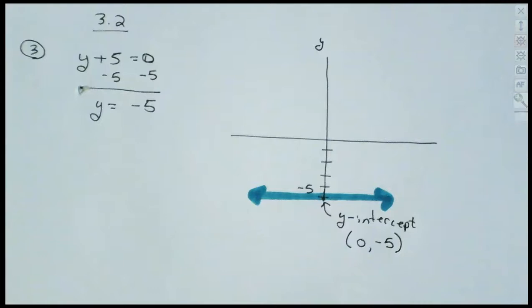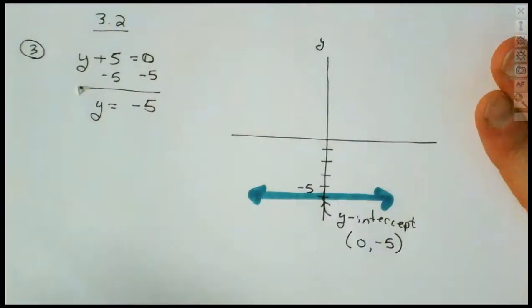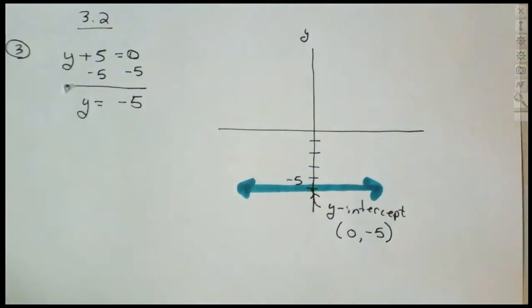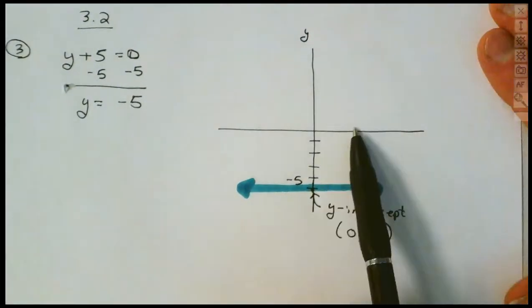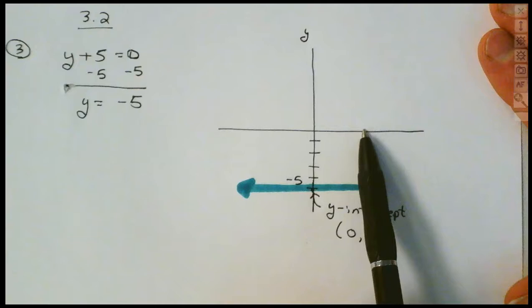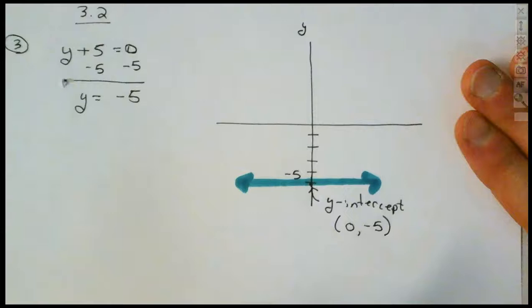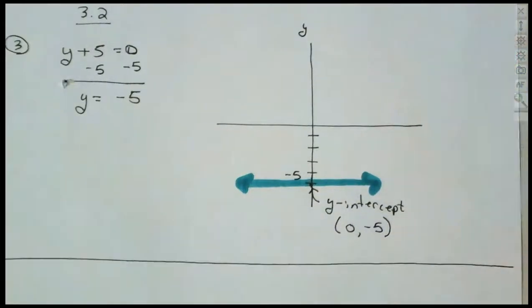We don't have to have it, but we're already here, so we might as well label it. So that (0, -5) is your y-intercept. We don't have an x-intercept because it never crosses the x-axis. Graphing is very visual, and I think you really need to understand the pictures rather than just plugging numbers into formulas. The intercepts are where they cross the axis.